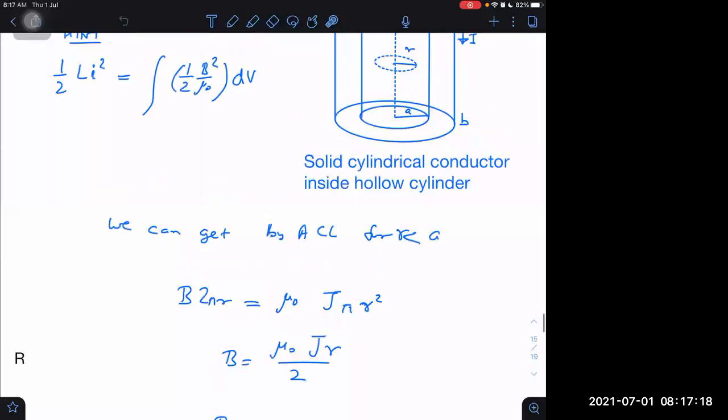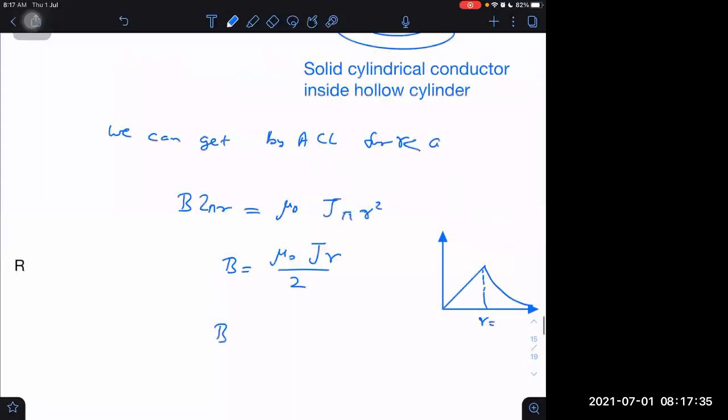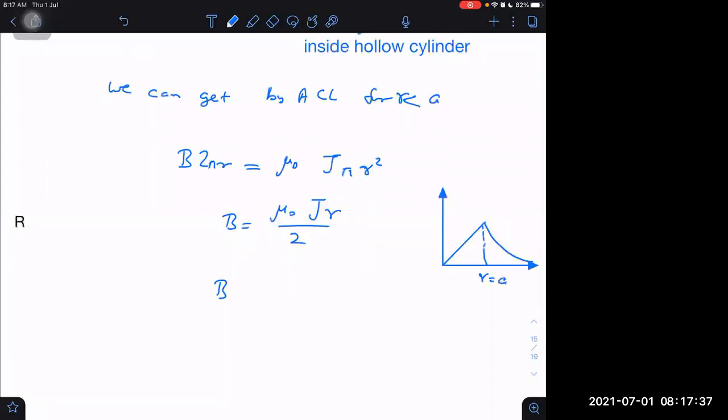It is varying linearly. You can see from this also. It will be increasing linearly up to the surface, and after that it will vary in this way outside. This is r equal to a, the inner radius. This is how B varies.